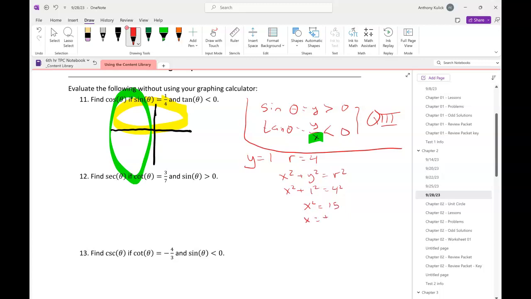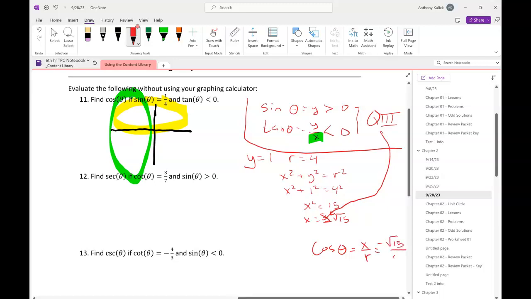So x is plus or minus square root 15. And now, because I know that we're in quadrant 3, that x needs to be negative. Okay with that? Now I have everything I need, because I know that cosine theta is x over r. So that's negative root 15 over 4.